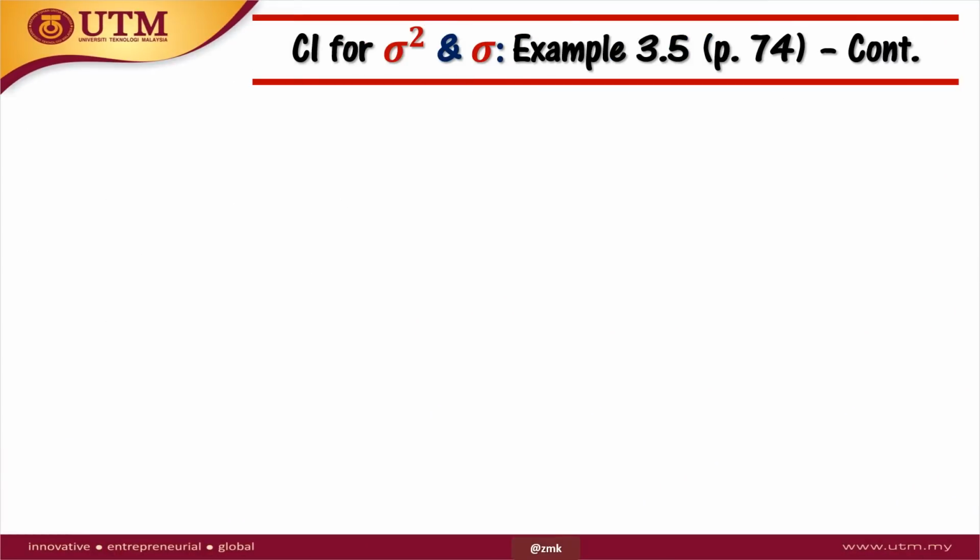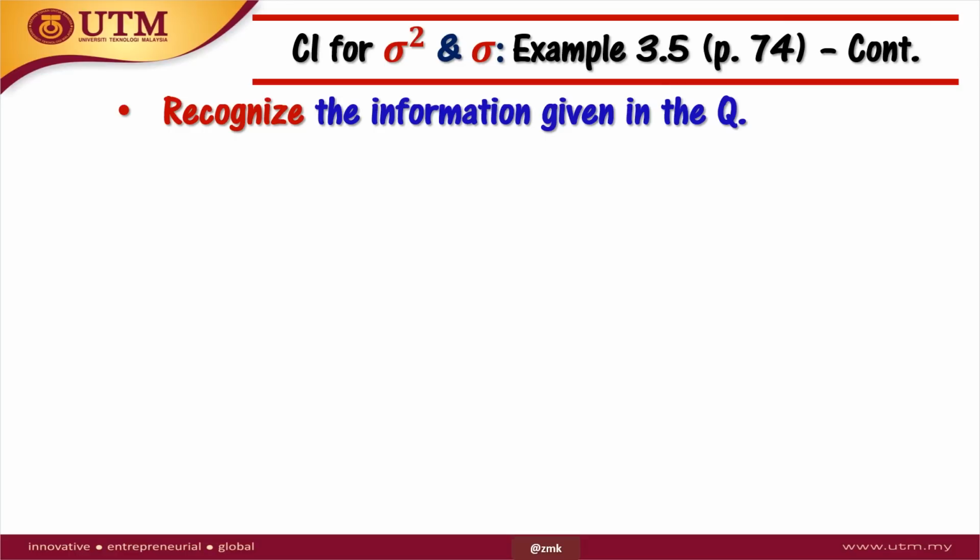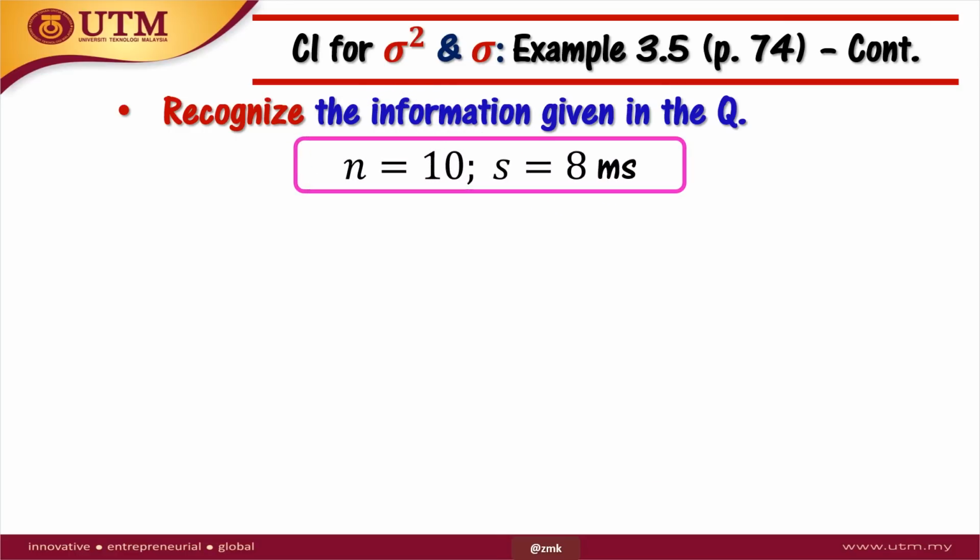Before we answer the question in example 3.5, let us look at the following 4 steps. First, recognize the information given in the question. As noted earlier, the sample size n is 10 and the sample standard deviation is 8 milliseconds.